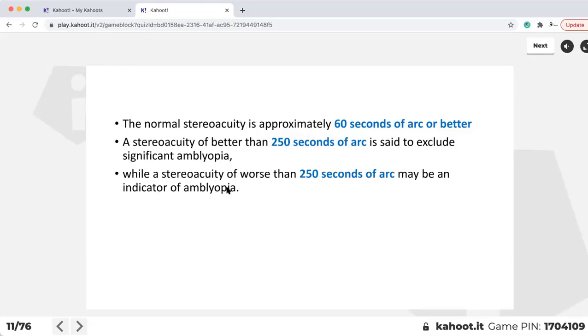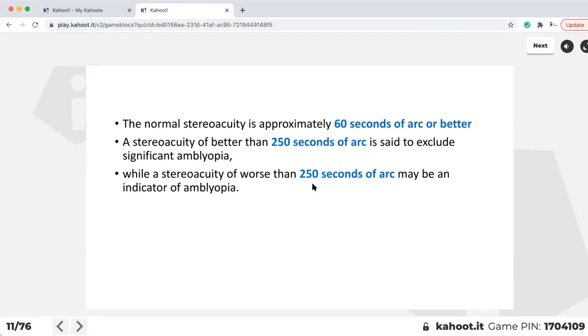So please notice that if a patient has good stereo acuity, like about 60 or 70 or 100 or 200, then this is not a significant amblyopia. But if it is worse than 250, then it will be an indicator of amblyopia, meaning that it will be the starting point.